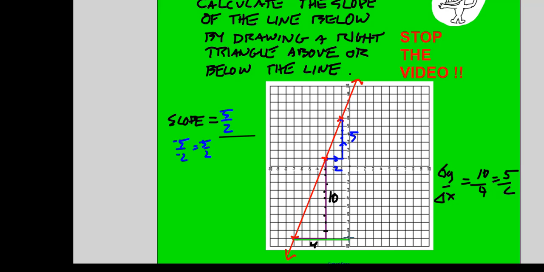So I could go over this way and then come up, went too far. Come up this way right here. Okay, and let's count the units there.